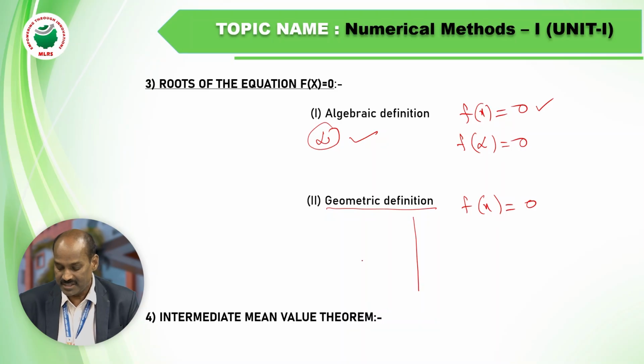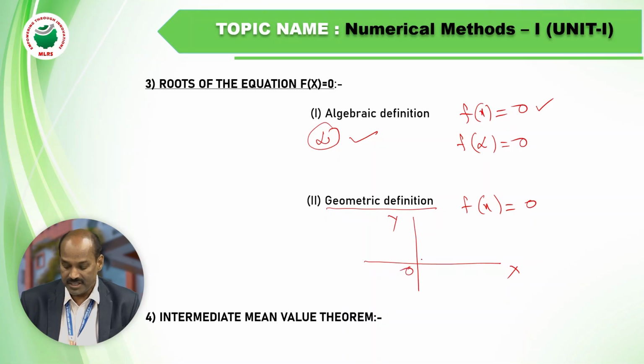Let this be the y-axis and this the x-axis, the xy plane, and let this be the origin O. Suppose this is the graph of the function f of x. Here at a the function value is f of a and it is negative, and at b the function value is f of b, which is positive.